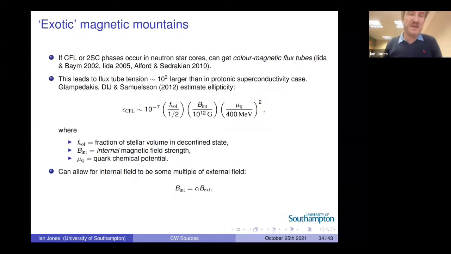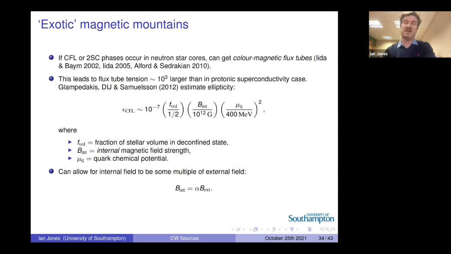There's some other phase called 2SC. I'm not an expert on these, but the point is you can then get a version of superconductivity that is bringing in not the electromagnetic, but the strong nuclear force. So again, you can get some really quite big mountains if these sorts of phases exist.